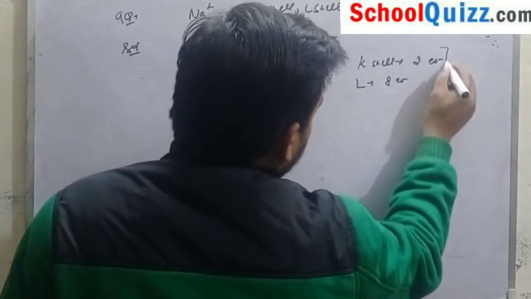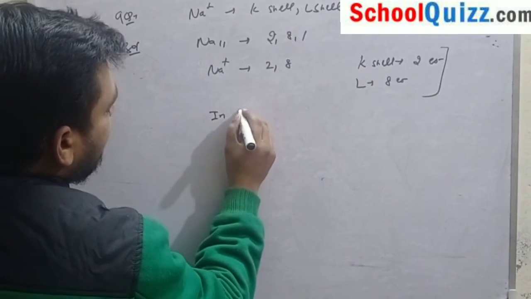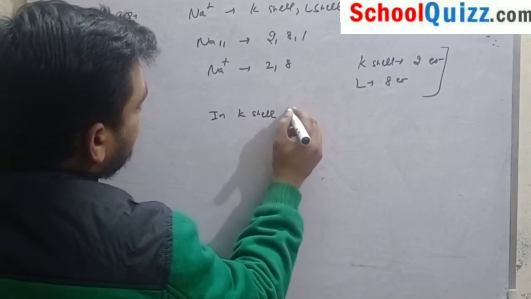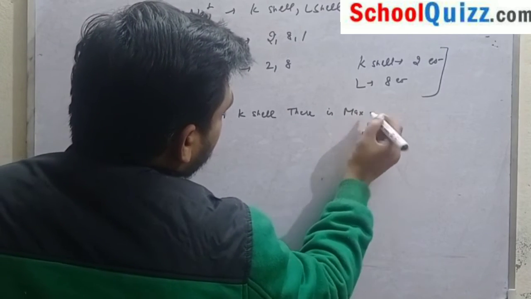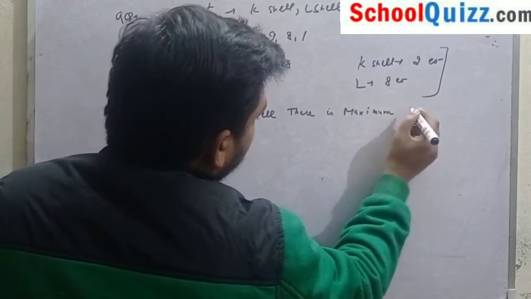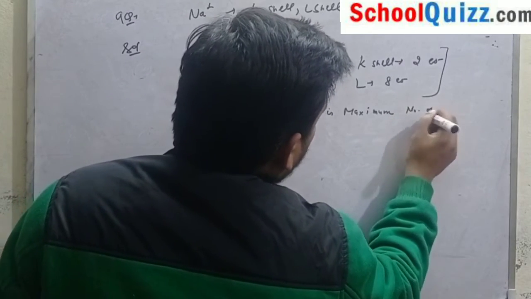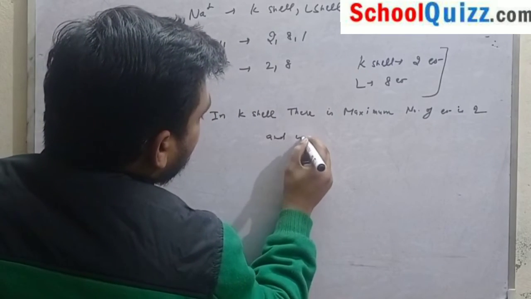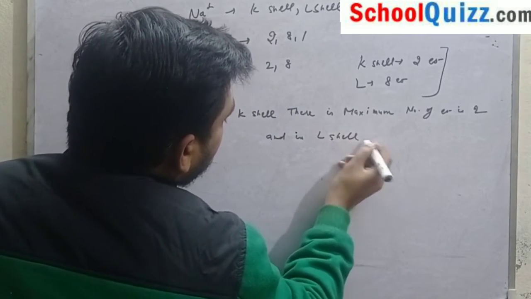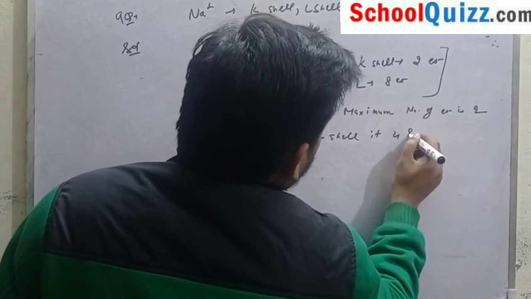As we know, the maximum number of electrons in K shell is 2, and in L shell it is 8.